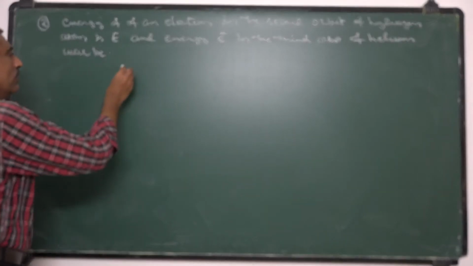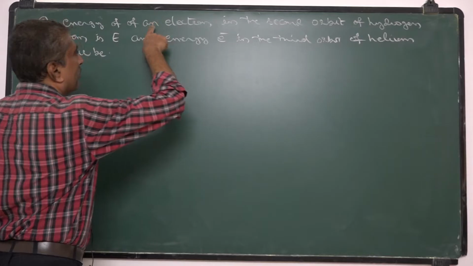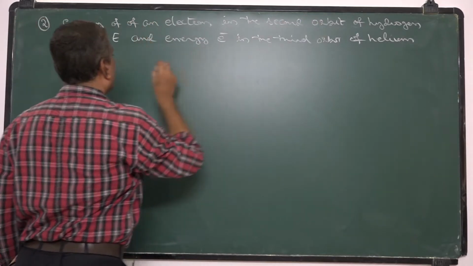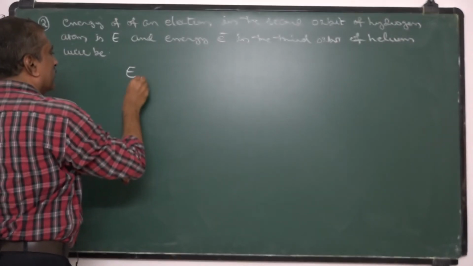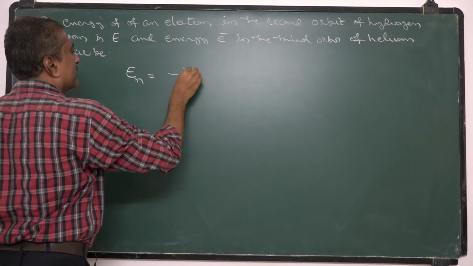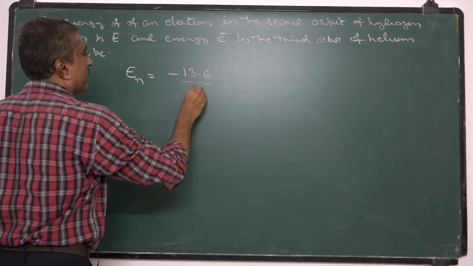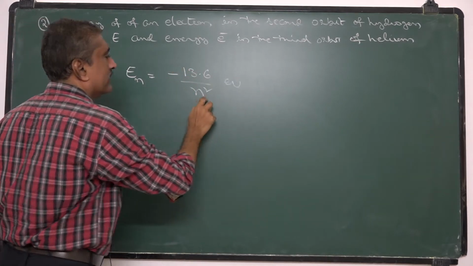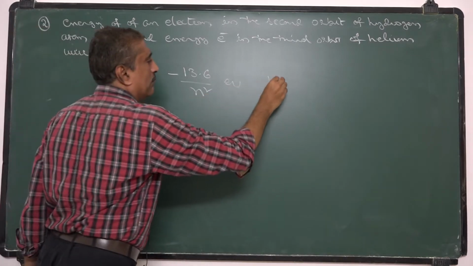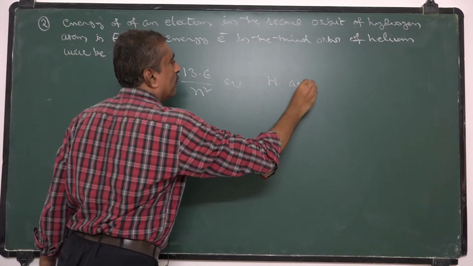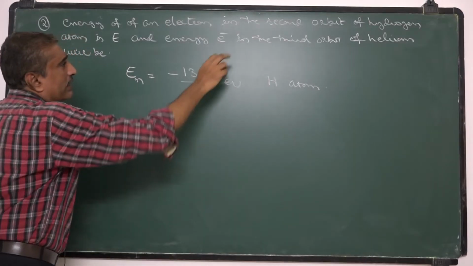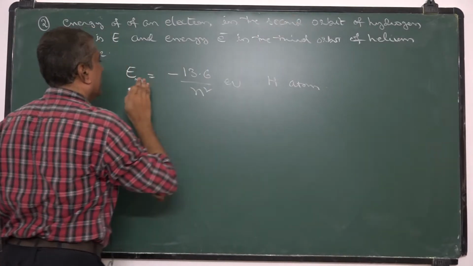Now we are given the electron energy in the second orbit, so we have En is equal to minus 13.6 by n square electron volt. This is for hydrogen atom. Okay, given the electron is in second orbit, that means E2.